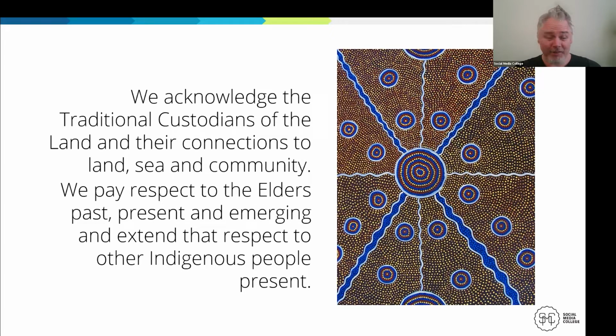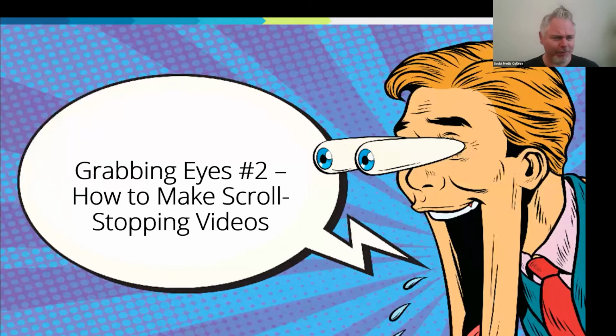So for those, hopefully you know what we're talking about today. Hopefully you haven't just stumbled across a Zoom link, because it might be very varied depending on where you've come from. But what we are talking about today is grabbing eyes and talking all about how to make scroll stopping videos. For those of you who did join our last session in May, we're in June now. It can be tough to remember at this time of year.